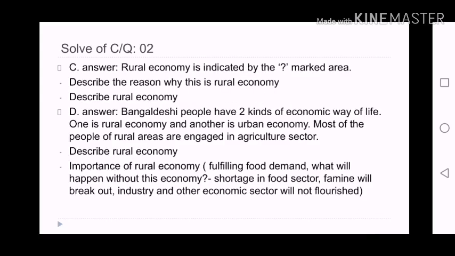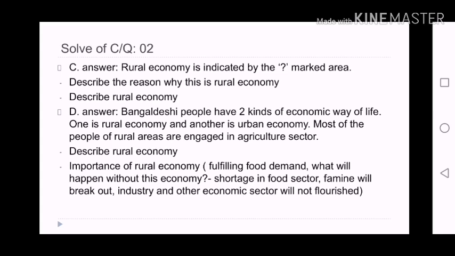So let's begin with the C number answer of creative question number 2. The C number question was: what is mentioned in the question mark area? Explain. So you have to find out which economy is actually mentioned in the question mark.